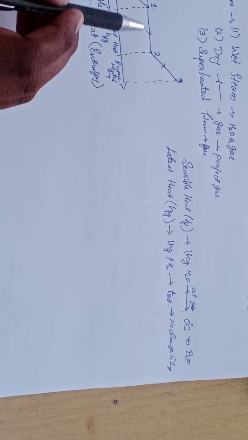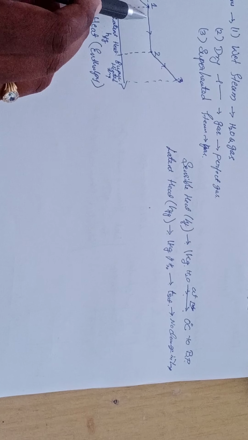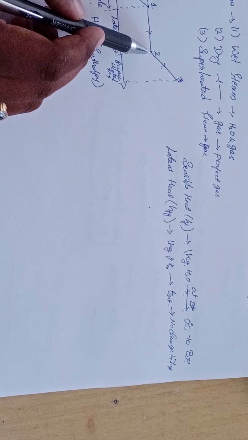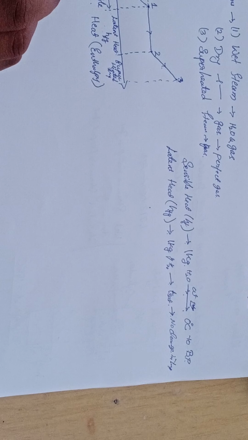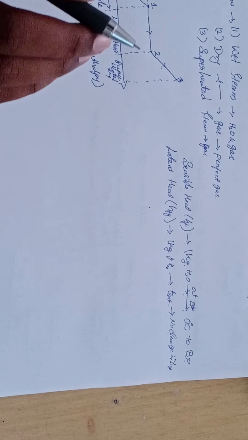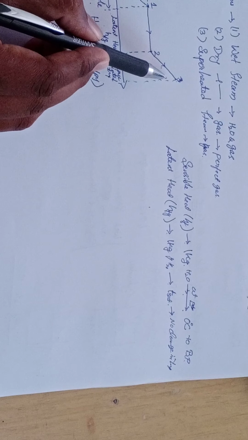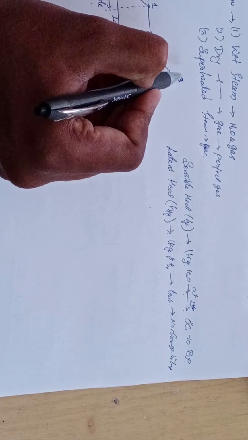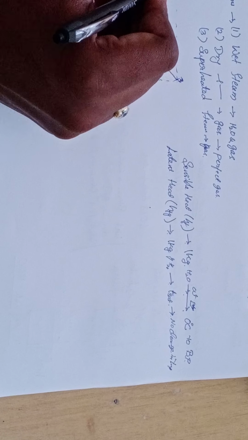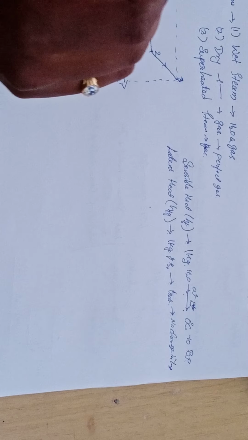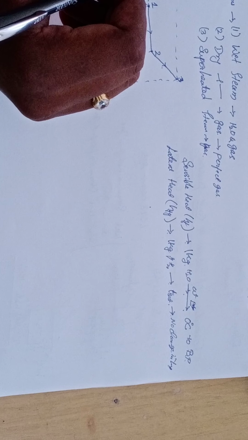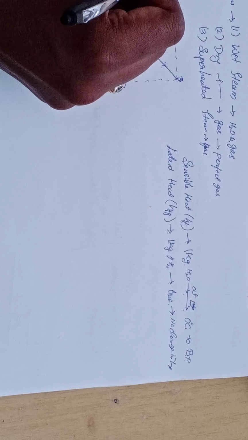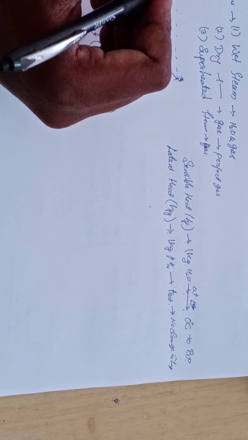When we increase the temperature above the saturation temperature, the heat is converted into superheat. This portion is called the superheated temperature, and the heat is called the heat of superheat.